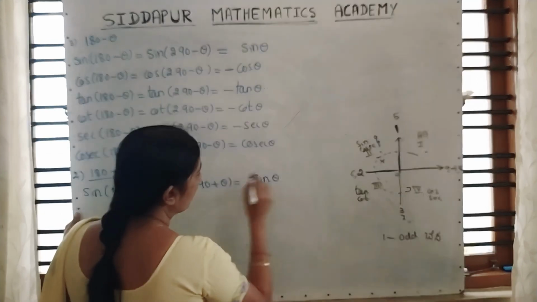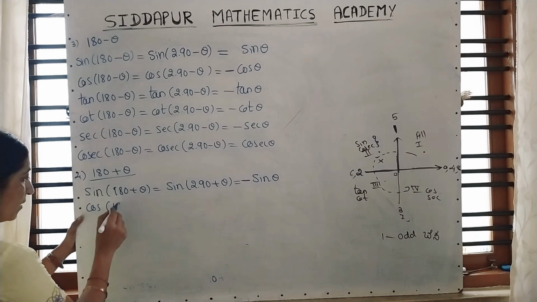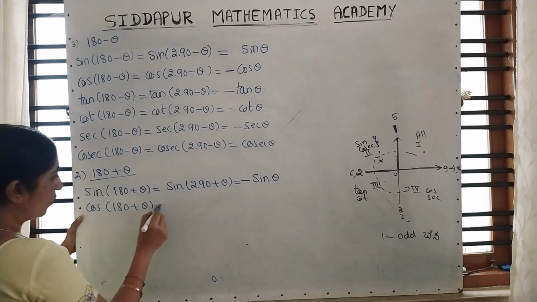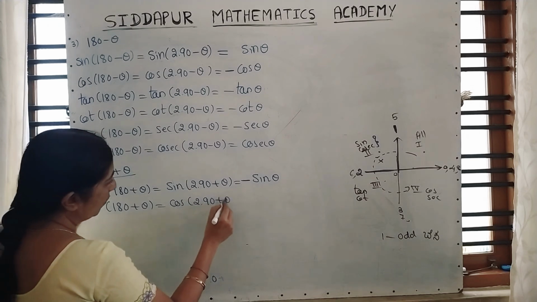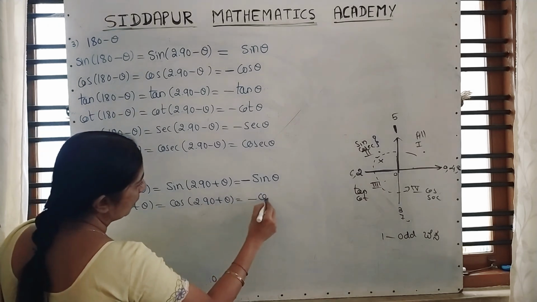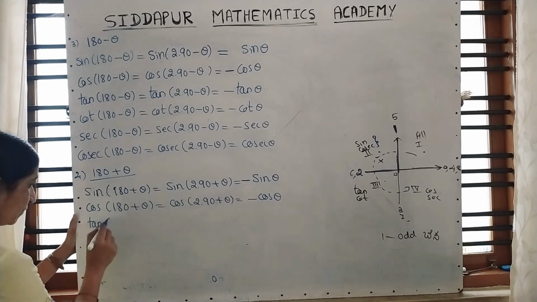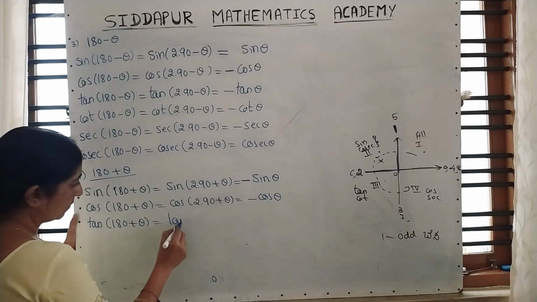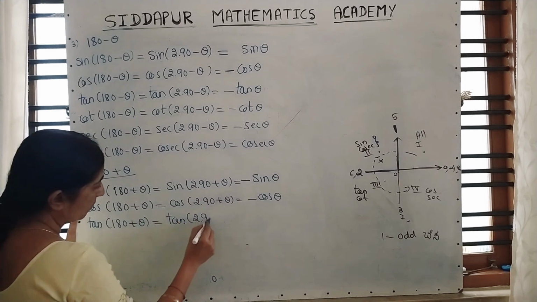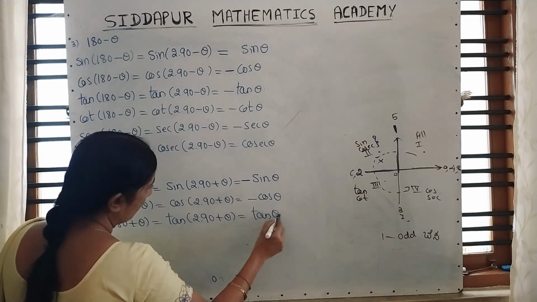It comes in the third quadrant, where the rest are negative. Even cos is also negative. The splitting is important. Minus cos theta. Tan is positive. Answer is tan theta.